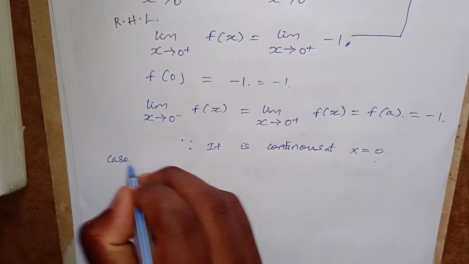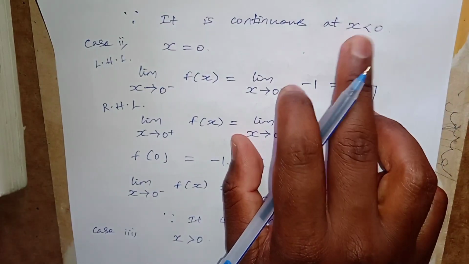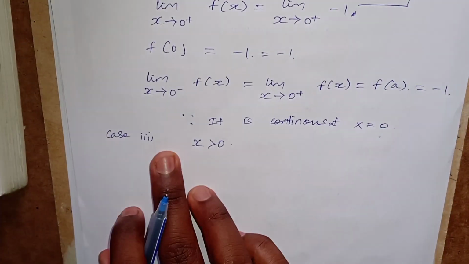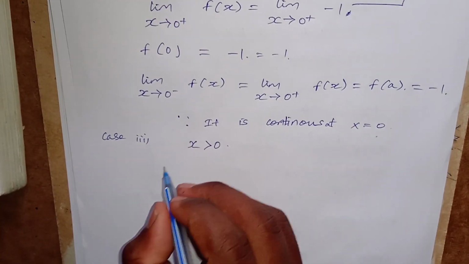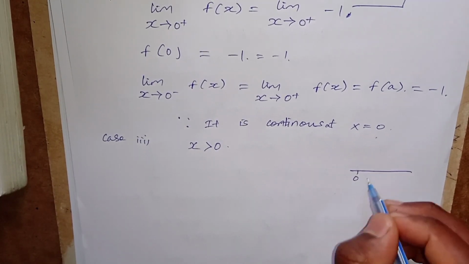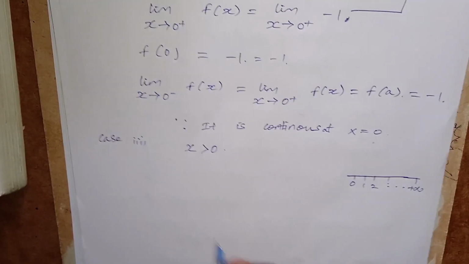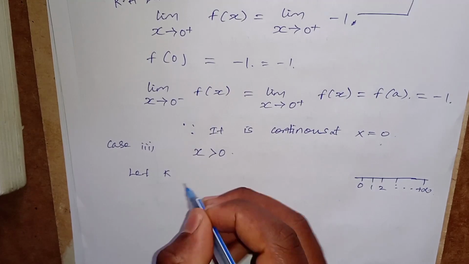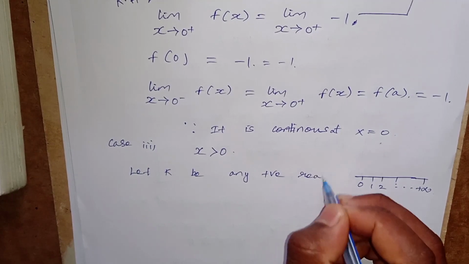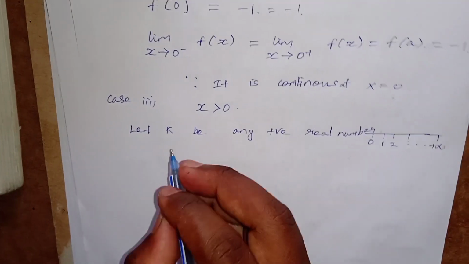Next, case 3, x greater than 0. Case 1 was x less than 0, case 2 was the point x equal to 0, and here case 3 is x greater than 0. Greater than 0 means you can take 1, 2, up to plus infinity, any values, so let k be any positive real number.